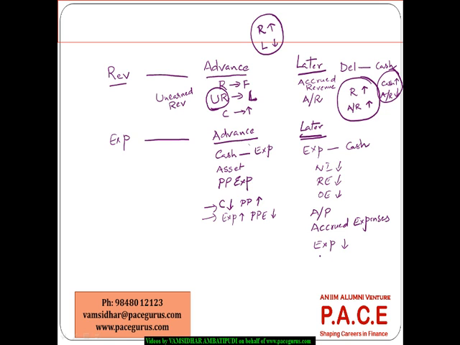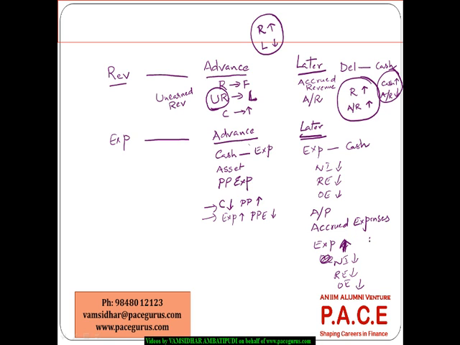Expenses are already incurred, so expenses are up, which means net income is down, the retained earnings are down, and the owner's equity portion is down.